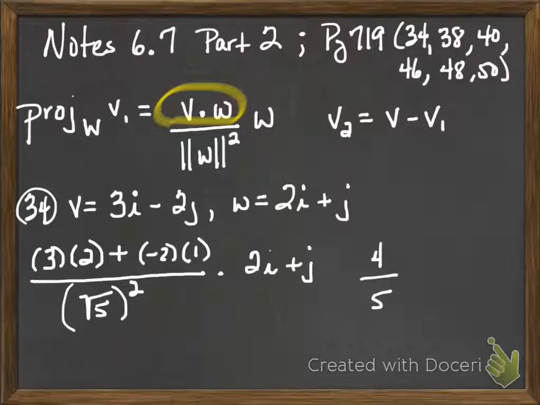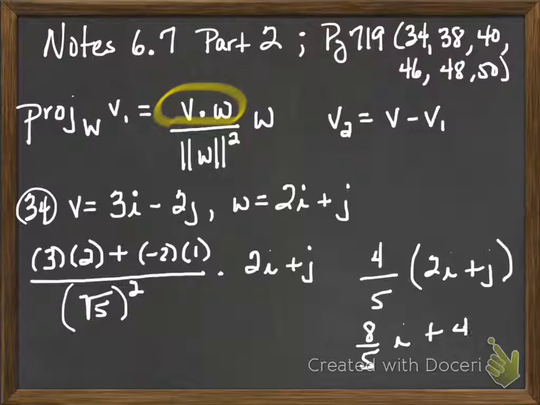And now I'm going to multiply times 2I plus J, vector W. And that would give me 8/5 I plus 4/5 J. And that becomes your vector sub 1. Because back in the formula, this is what you're actually finding. You're finding your V sub 1. So the 8/5 I plus the 4/5 J is your V sub 1.